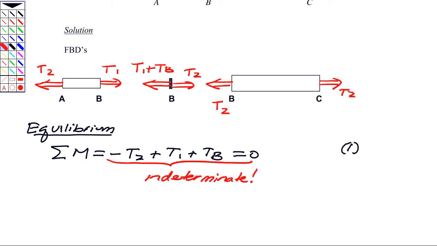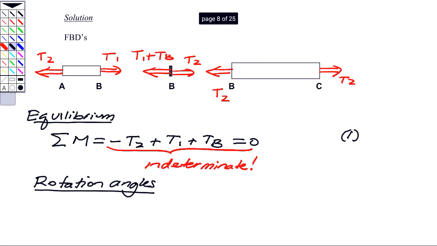That doesn't mean we can't solve it, but what we can't do is just solve for the torques from equilibrium of rigid bodies. In addition to the equilibrium, we need to look at the rotation angles and whatever compatibility equations come from that.